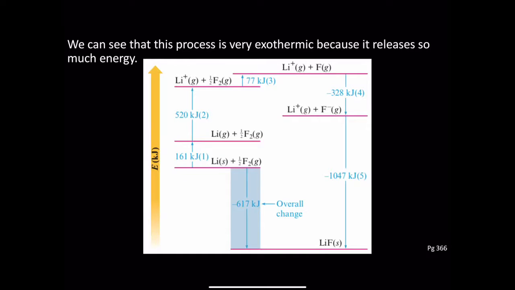So we can see that this process is very exothermic because it releases so much energy, right? We start at this energy level up here, and we go up to break down some molecules, go up some more, we go up just a tiny bit more now that we have these ions, and then it gives off an immense amount of energy after all, overall.